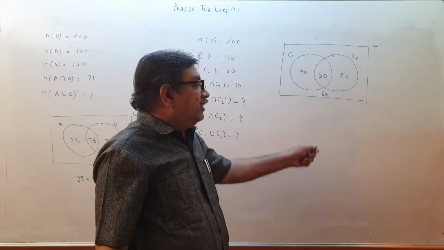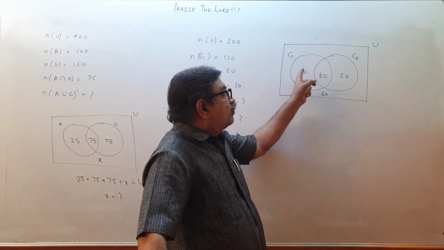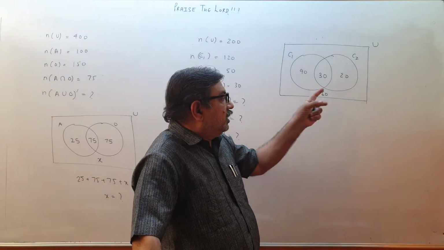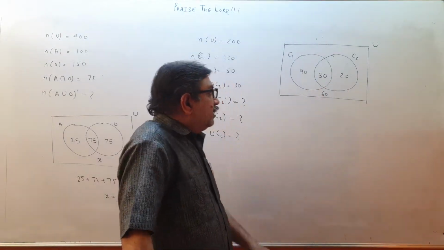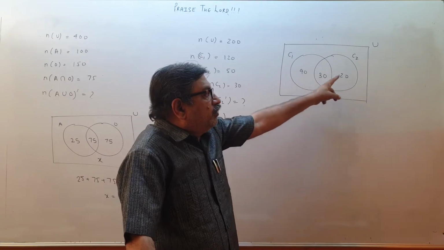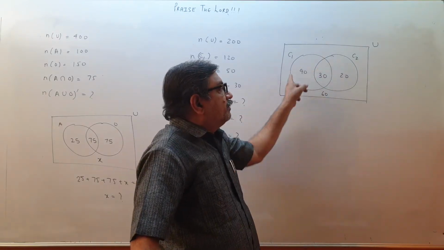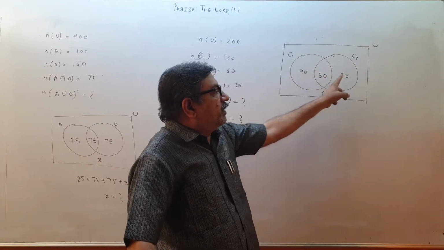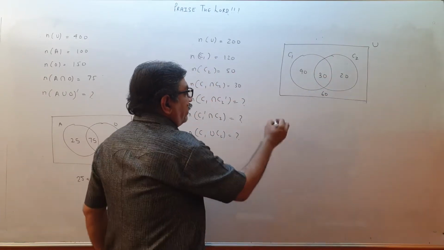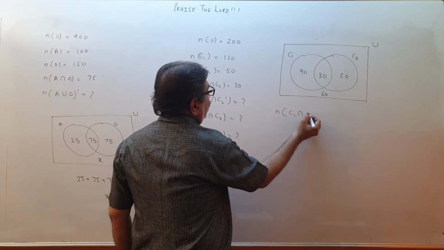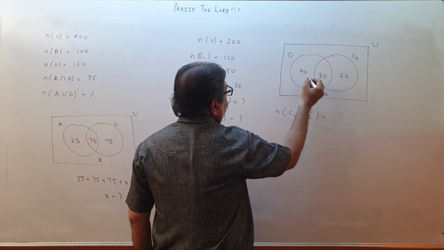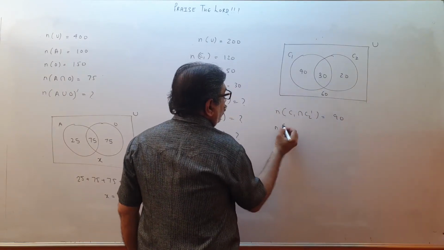So these are the people neither exposed to C1 nor exposed to C2. They are 60 people. This is only C1. This is only C2. And C1 or C2 means union. This plus this plus this. What do I write? From the Venn diagram I can see C1 intersection C2', only C1, that is 90.